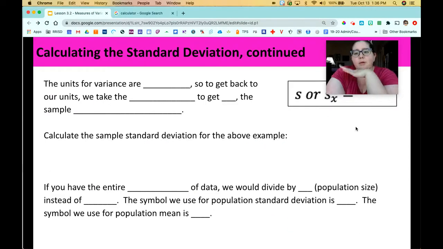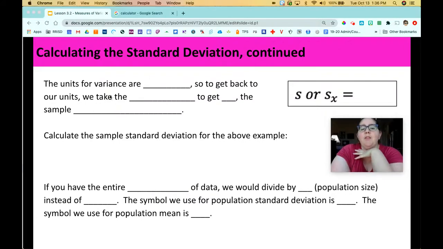So last step, promise we're almost done with standard deviation. The units for variance are squared. Remember, we squared the distances or the deviations back a couple steps ago. So to get back to our units, to actually do the standard deviation, we now have to undo that.